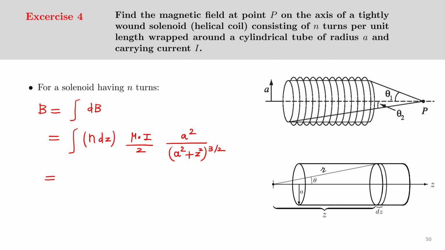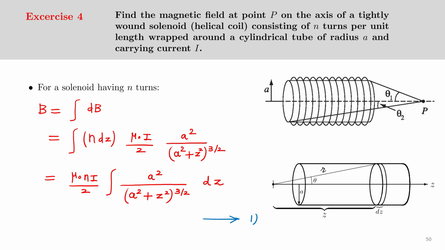And this is equal to mu 0 n I over 2, then integral a square divided by a square plus z square raised to 3 by 2 multiplied by dz. In the next step, we have to make proper substitution for dz and 1 over a square plus z square raised to 3 by 2.